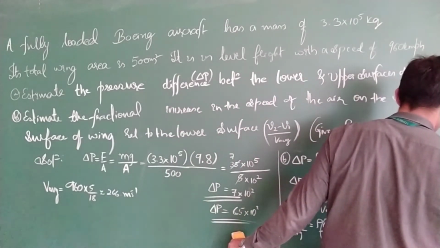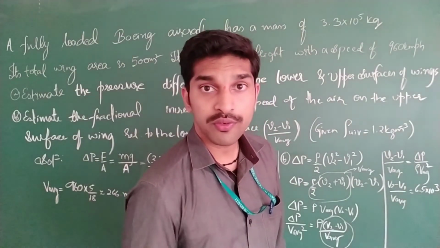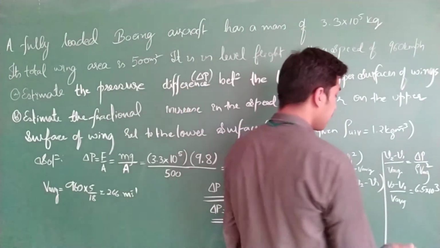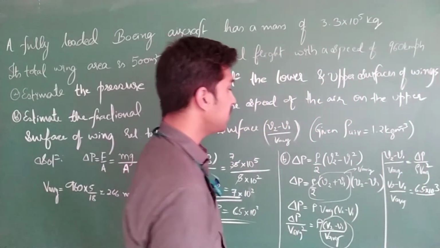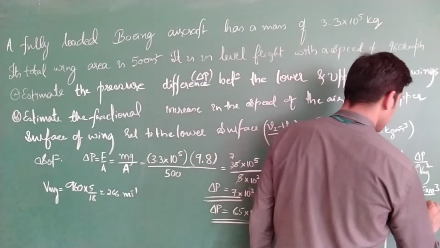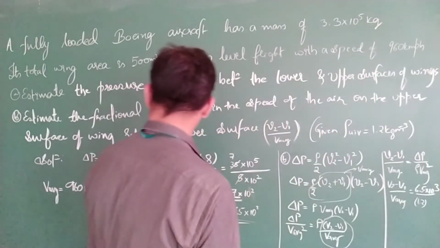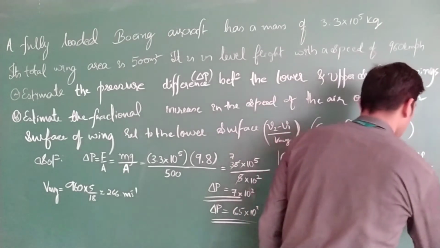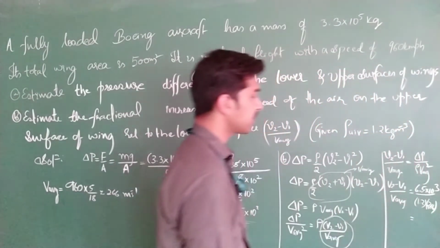Correct? Here it will be 6.5 into 10 to the power of 3, divided by rho, which is 1.2, and V average value 266. Cross check how much you are going to get.